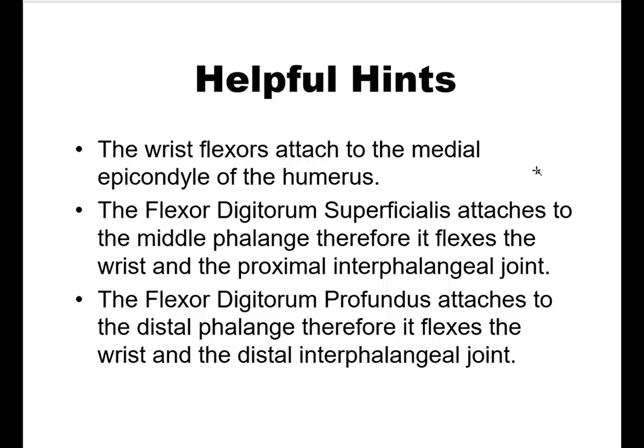Flexor digitorum profundus goes all the way to the distal phalange. So it flexes the wrist and the distal interphalangeal and the proximal interphalangeal joints. And we'll look at the retinacula and the way these tendons are attached. It has a pretty interesting structure.